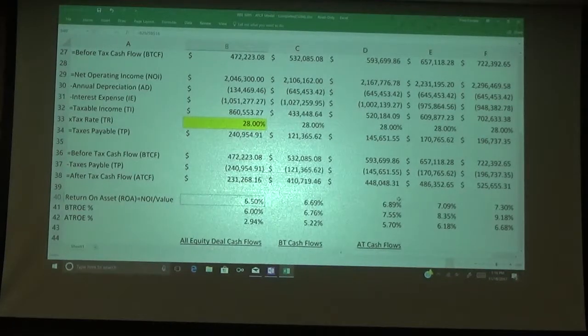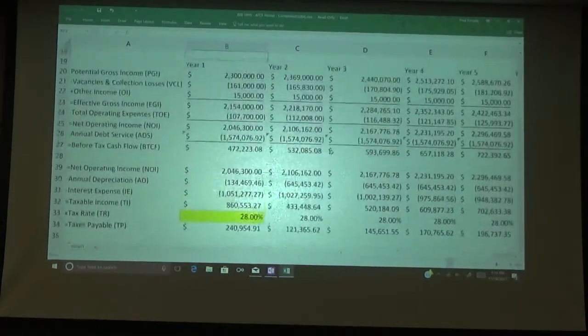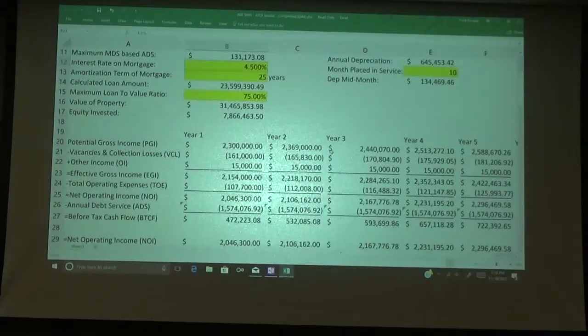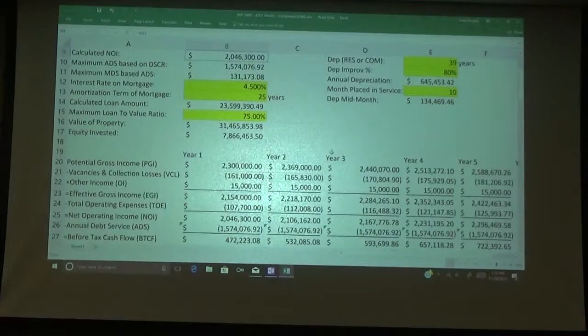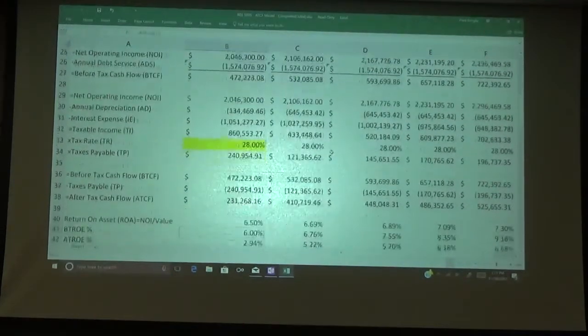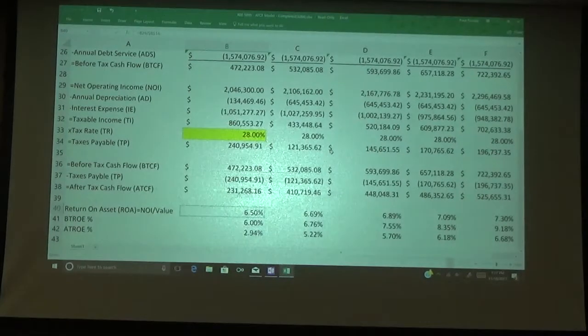So here, you take the net operating income for that year and divide it by the value that we came up with. We've got the net operating income of $2,046,300, divide that by the overall value of the property of $31 million, and we should match up with the 6.5% as a return on asset.